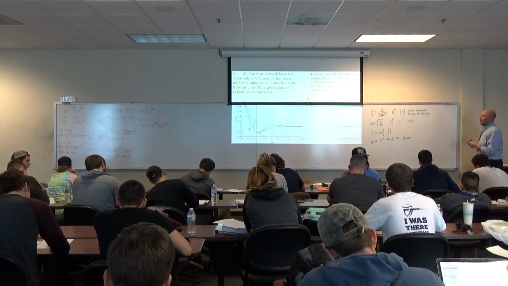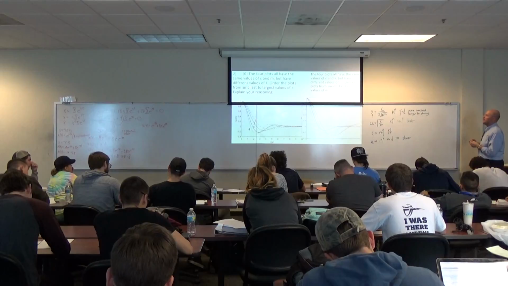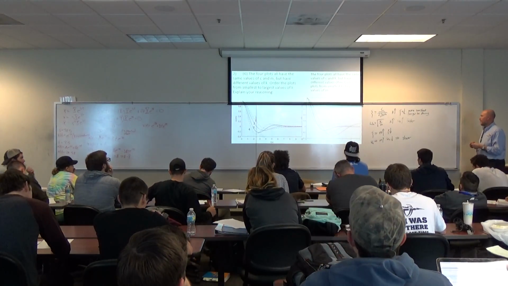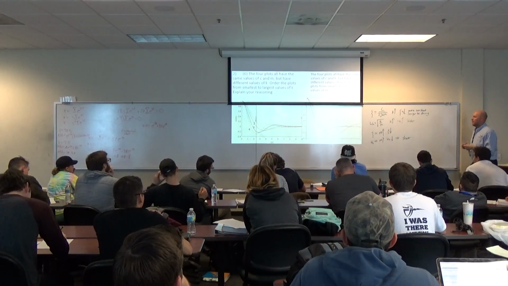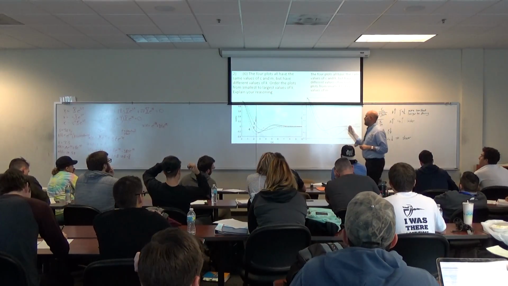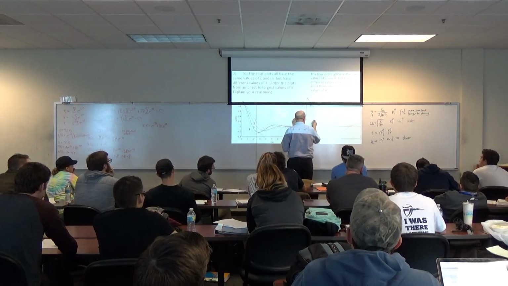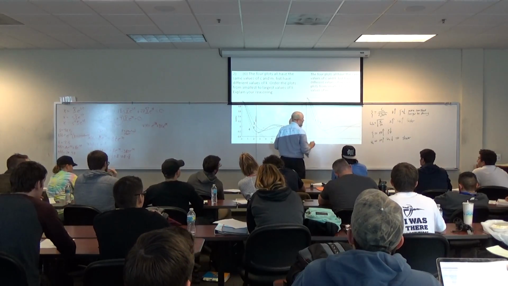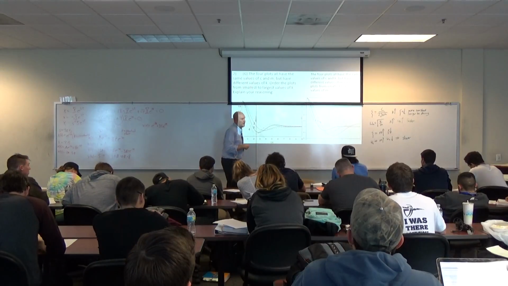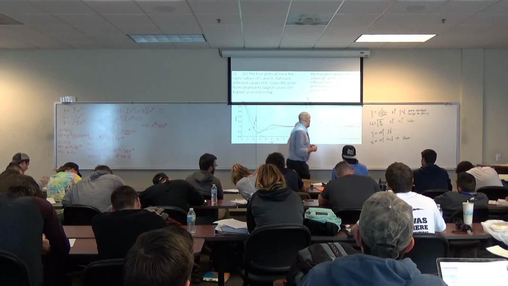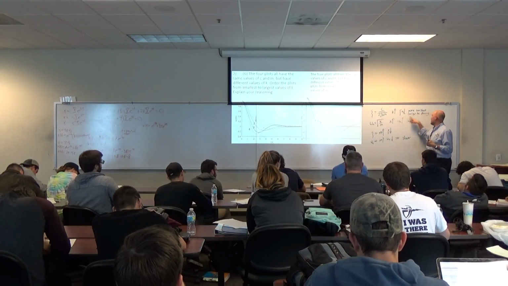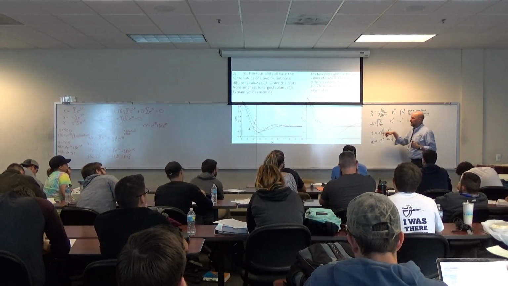All right, so which color is the smallest value of M? Green. So this is 1, 2, 3, 4. As mass increases, damping goes down, so we're going to get more wiggles.